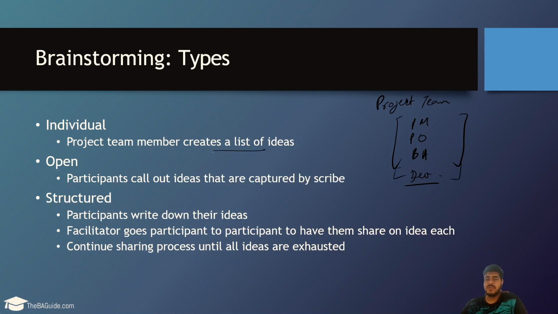The project team members create a list of ideas, and the facilitator, who is the project manager, goes to each participant and asks them to share their ideas. They continue sharing until the ideas are exhausted and all the ideas are written down. And finally, we have to discuss the best way to figure out the problem.